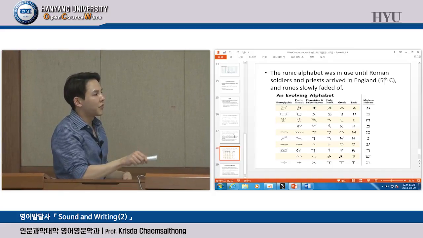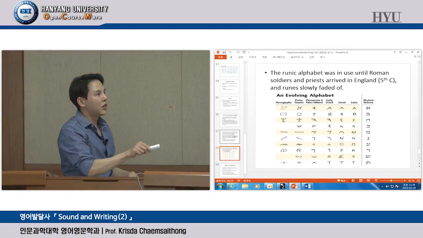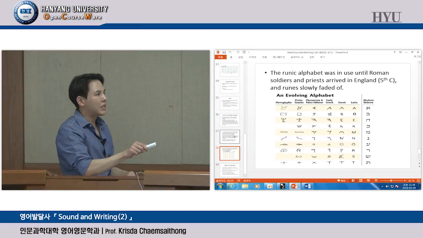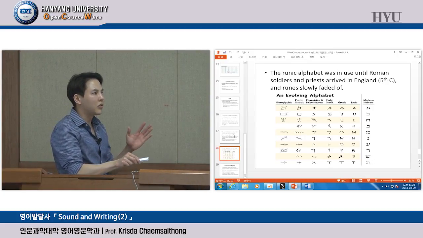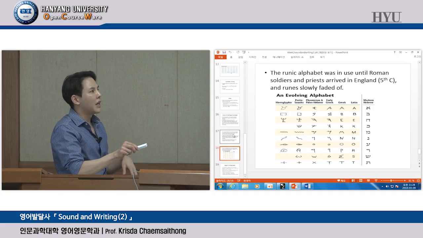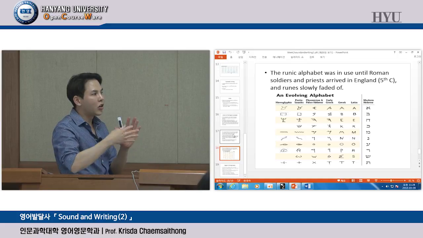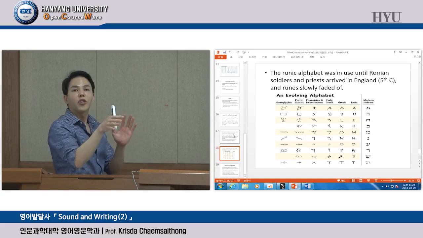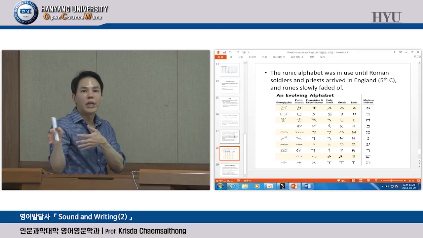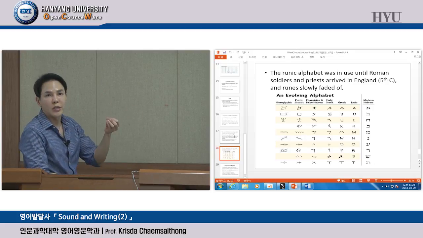So this is the first two writing, and then the early Greek system adopted that, and then they made some changes, but still you can see a lot of resemblance between the two systems. And then we have later Greek and the Latin developed out of that, and then other systems including Hebrew and others like Russian and so on.